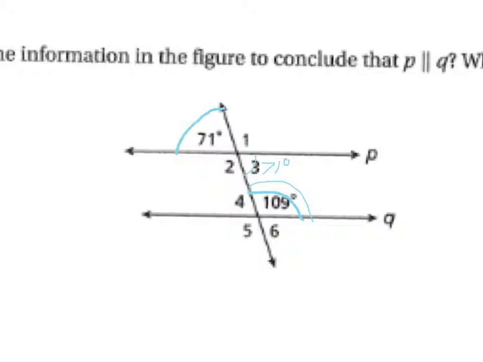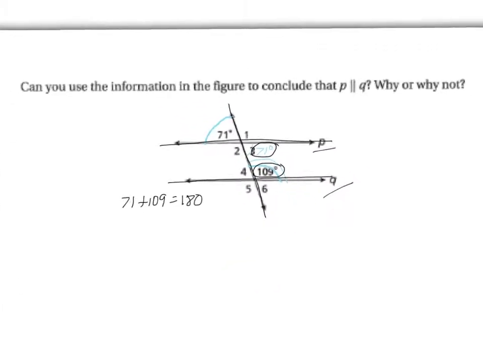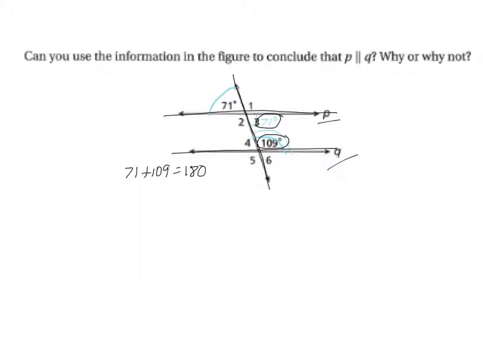Now, by doing that, we have these two lines with this transversal, 71 and 109. If they add up to 180, then lines P and Q are parallel. Well, 71 plus 109 equals 180. Therefore, the question asks, can we use the information to conclude?